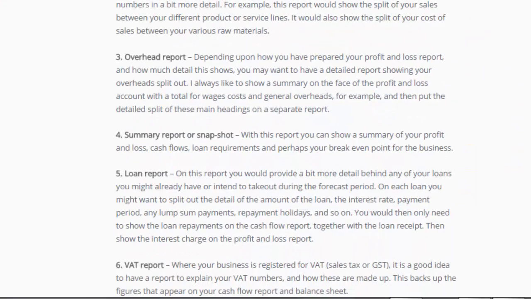Equally, I always think it's a good idea to have an overhead report. And by doing so, this means that the main profit and loss report that is key to any forecast would only include a summary. It would include a total of your overheads, and it might show a total of your wages and salaries costs.